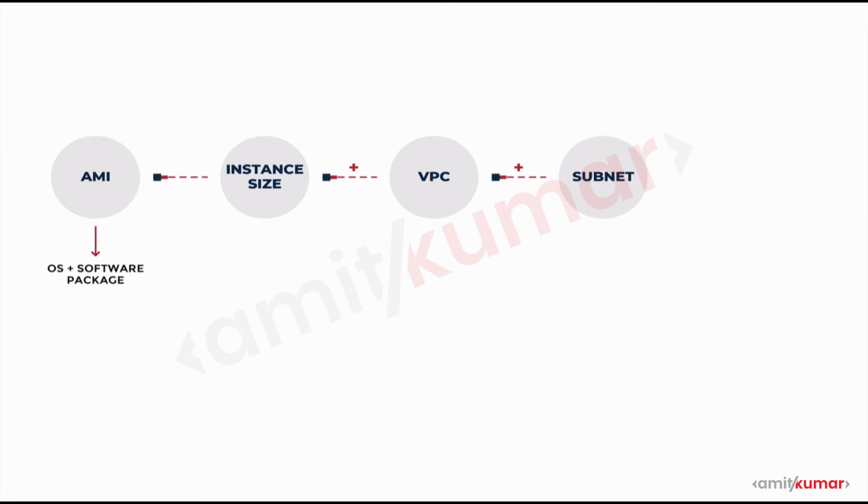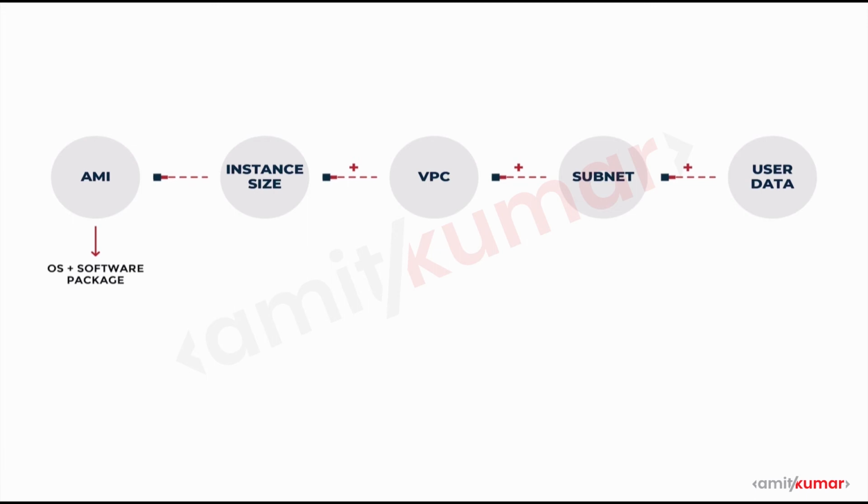Now, once that is done, there comes a very interesting area which is called user data. Okay, you want to install Apache on your EC2 instance. How would you do that? There are two options available.